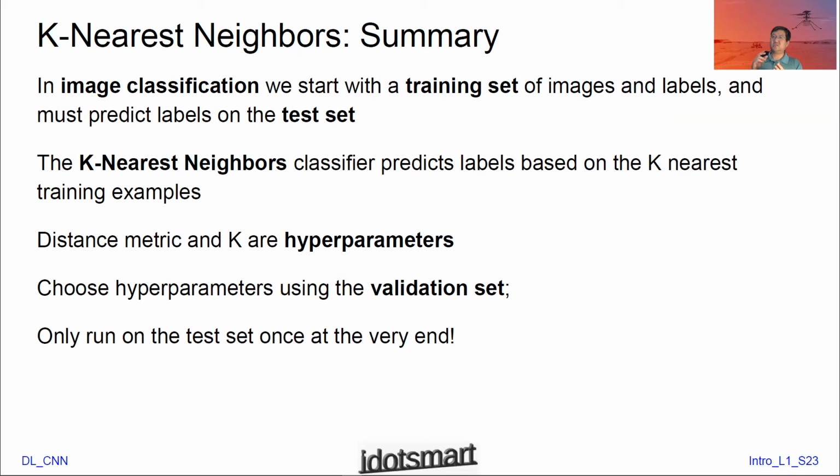If among these 10 shortest-distance images, 8 of them are from the cat category and 2 are from the dog category, I think there is an 80% chance the query image is a cat image, okay? So that is called k nearest neighbor.